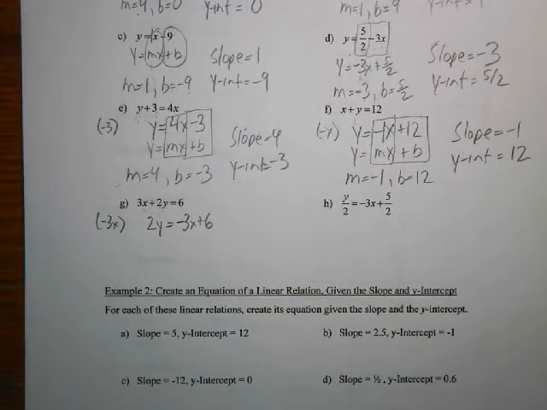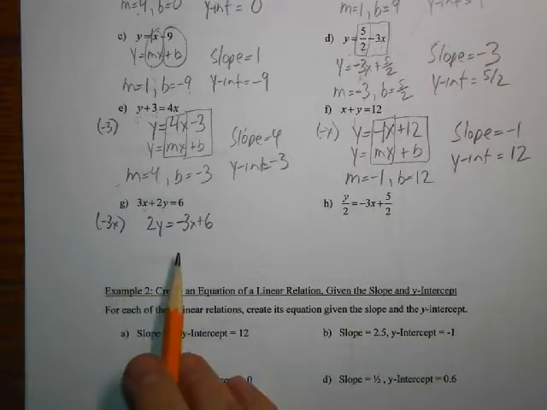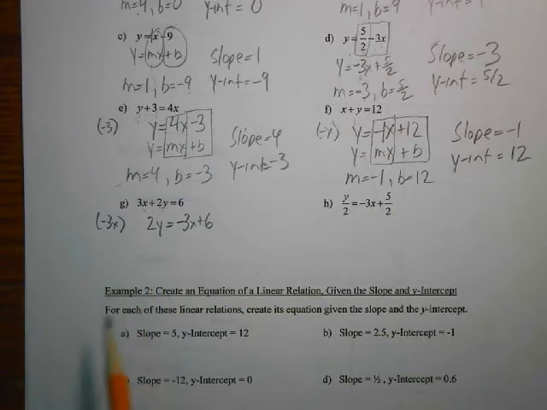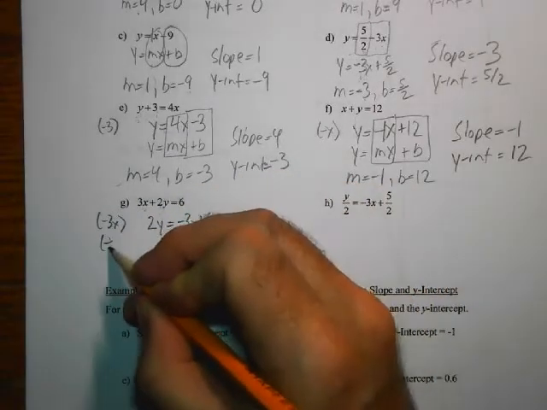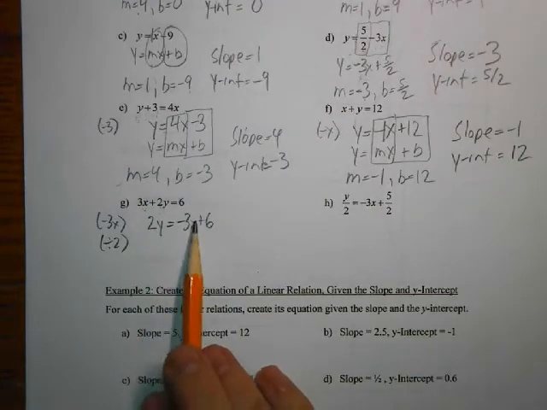Now we're not quite done yet, because although I made it closer to y equals, it's not y equals yet. I have 2y. So you think to yourself, what's happening with the y? I'm multiplying it by 2. The opposite of multiplying by 2 is dividing by 2, so that's what we're going to do, and we're going to do it to all the terms.